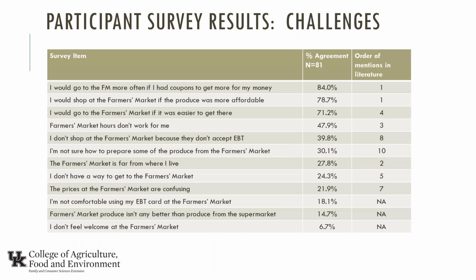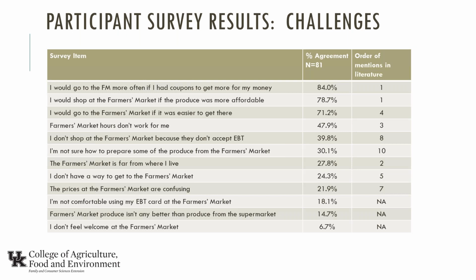So then when we crosswalked what our survey responses were with what the literature said, coupons, lack of coupons, and things not being affordable were the number 1 thing, both with our Kentucky audience and in the literature. But there were some differences.